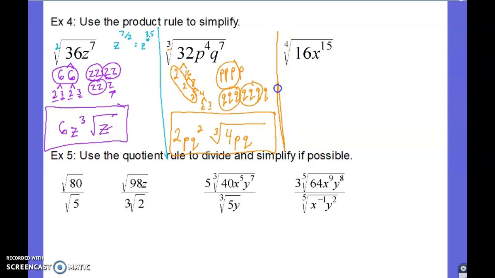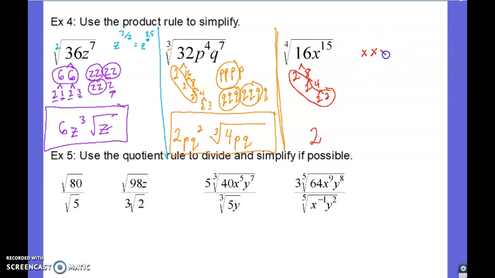I get it that this might be difficult, so feel free to write down any questions you might have and bring it to my attention. So again, 16, 2 and 8, 2 and 4, 2 and 2. So we have a group of 4 2's. Good, we can write that in front.